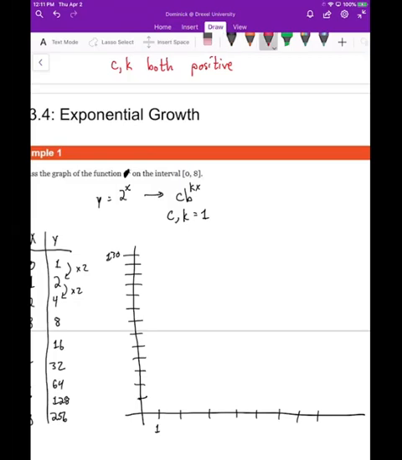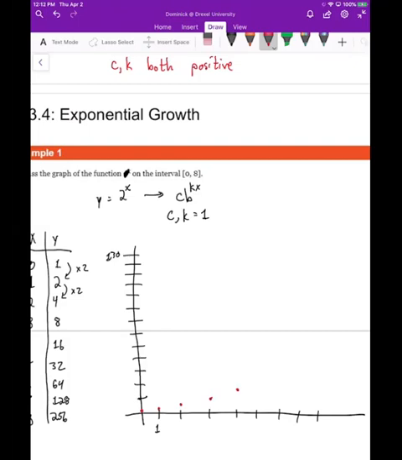Now, if we plot these points according to our scale here, at 0, we have 1. Remember, this is by 10, so that's going to look something like that. At 1, we have 2, so it went up a little bit. At 2, we have 4, so it's about halfway up there. Then we have 8, it's closer to 10 now. Now we have 16, which is about halfway between 10 and 20.